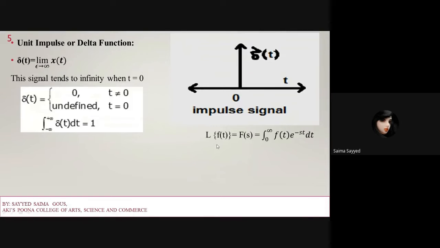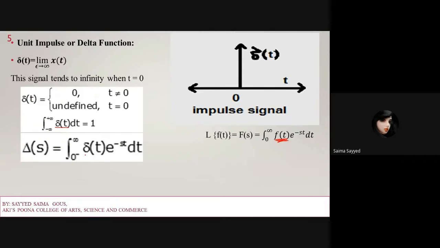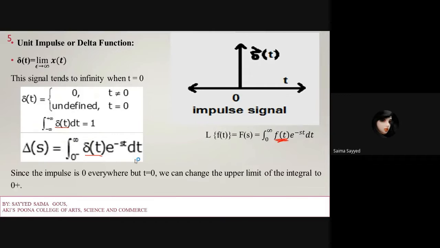So according to the definition, what is the Laplace transformation? We integrate f of t with limits 0 to infinity, f of t times e raised to minus st dt. Now what is my f of t? f of t is my delta t. So I am using delta t into e raised to minus st dt.